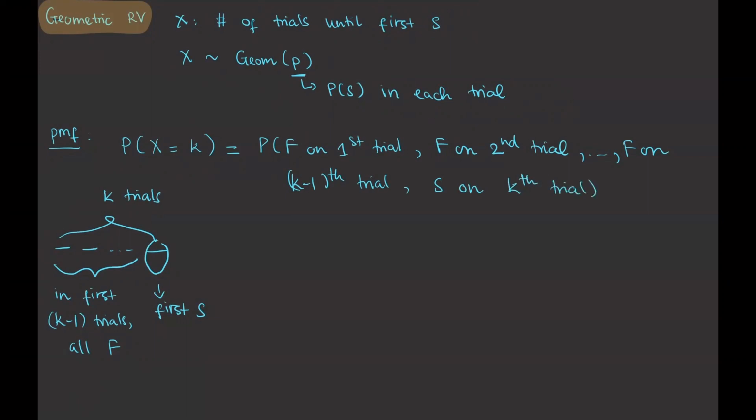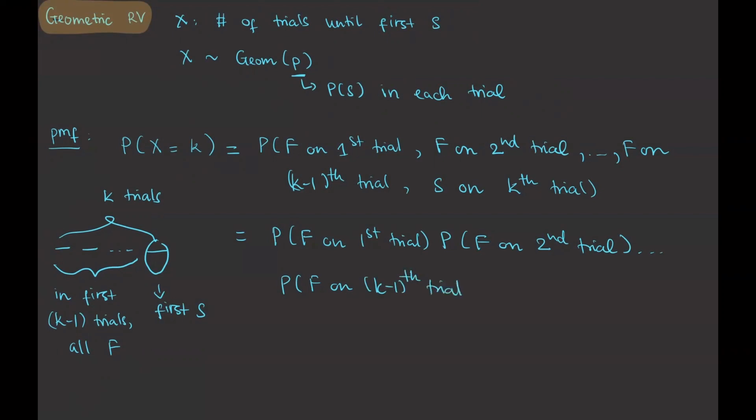And since each trial outcome is independent from each other, this can be thought of as the probability of failure on the first trial multiplied with probability of failure on the second trial, multiplied with failure on the k minus 1 trial, and probability of success on the kth trial.